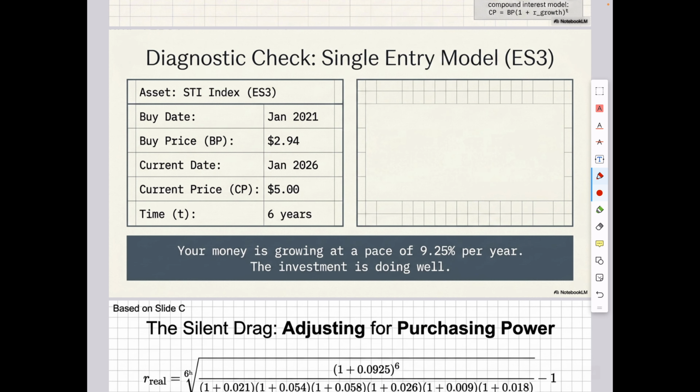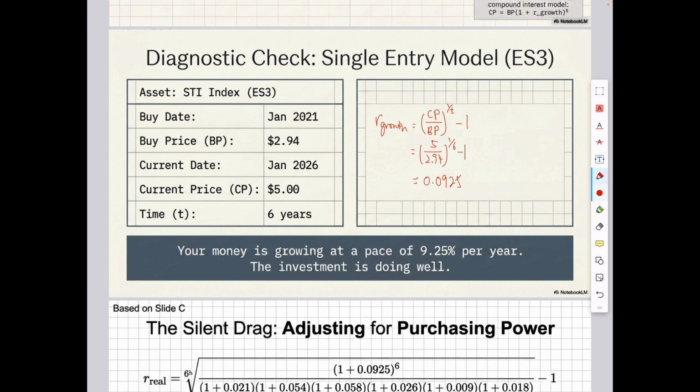Applying it into my formula, my R growth equals current price divided by my buy price, to the power 1 over T, minus 1, which gives us (5 over 2.94) to the power 1 over 6, minus 1, which is 0.0925.